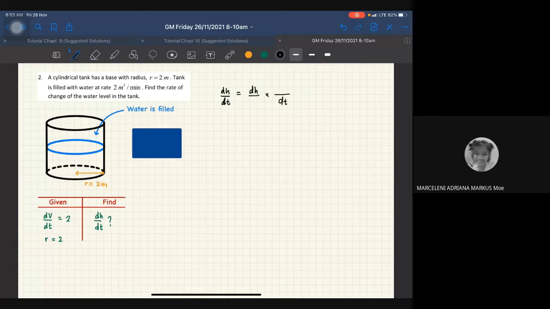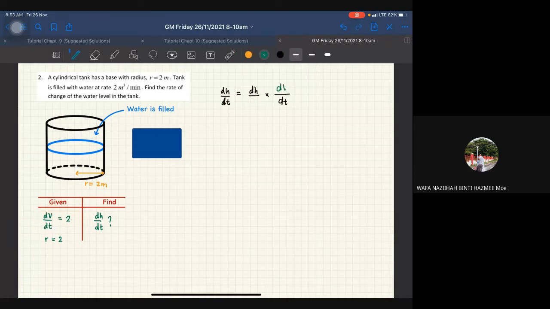Okay, so kalau tengokkan dekat sini, you already know this information. This one adalah 2. Okay, and then dekat situ ada satu lagi maklumat yang awak tak tahu, which is dH dV.